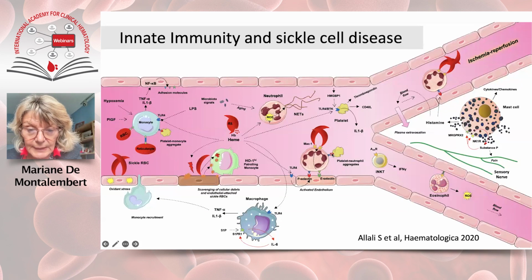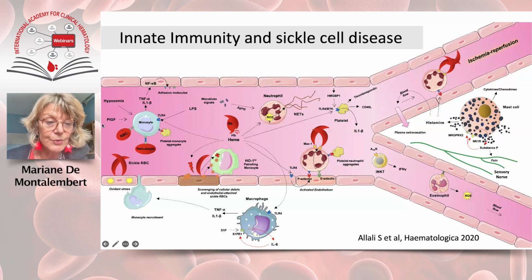And this link is also responsible for the link between neutrophils and platelets, and in turn through MAC-1 with red cells. But neutrophils are also responsible for the production of reactive oxygen species and generation of NETs.